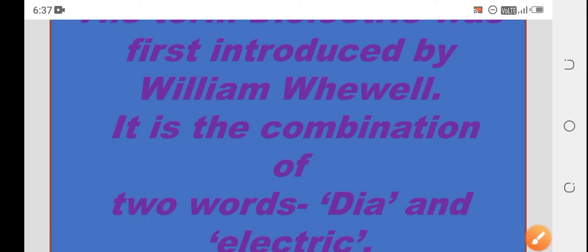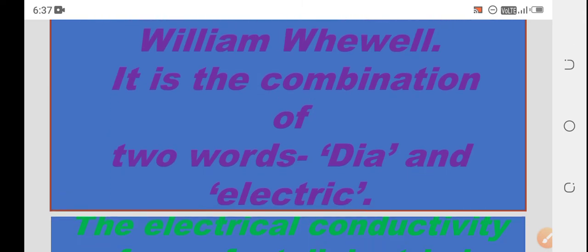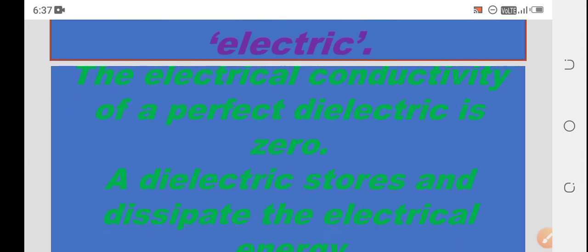The term is a combination of two words: dia and electric. The electrical conductivity of a perfect dielectric is zero.